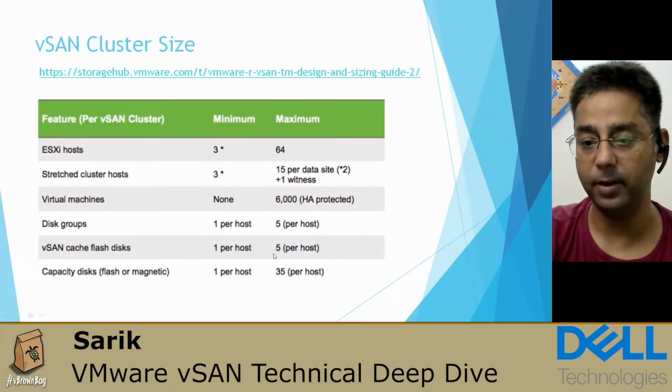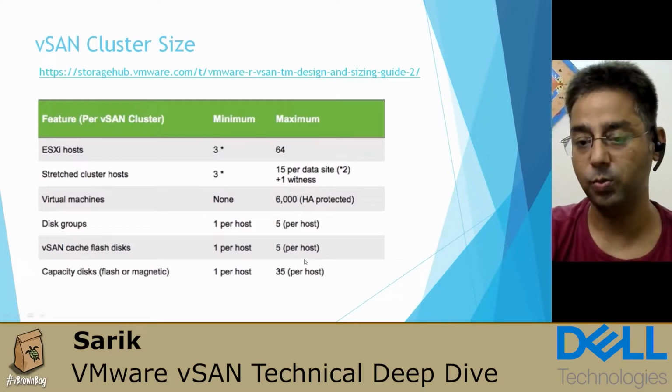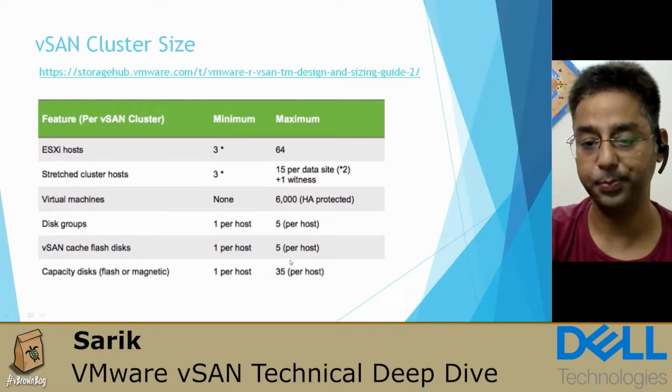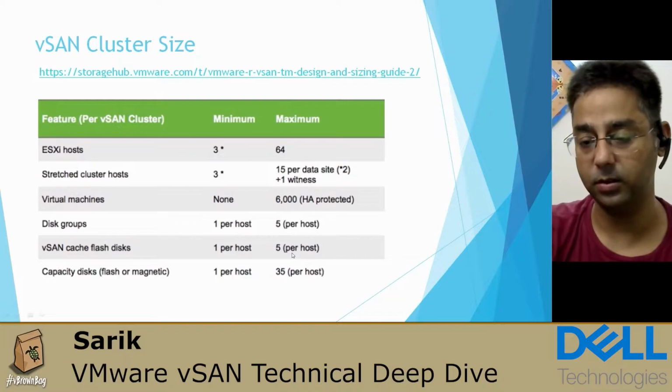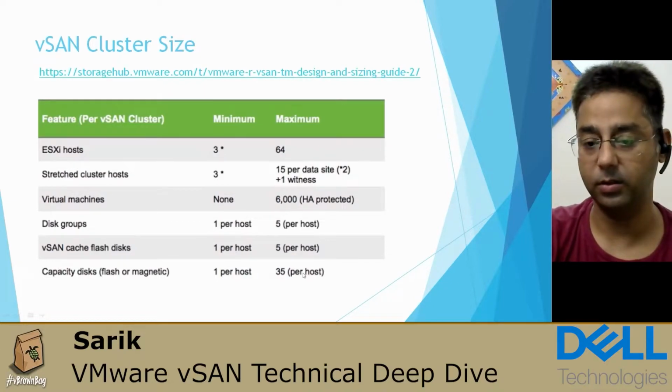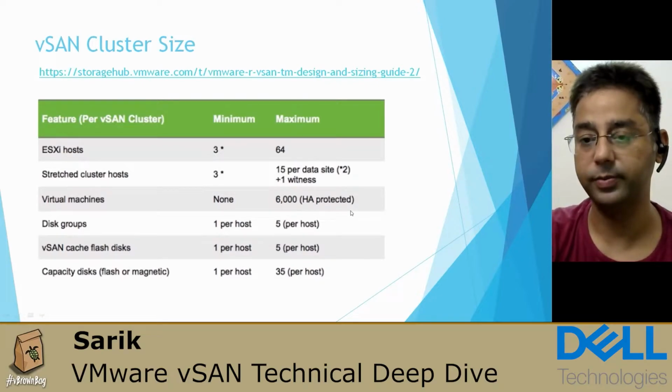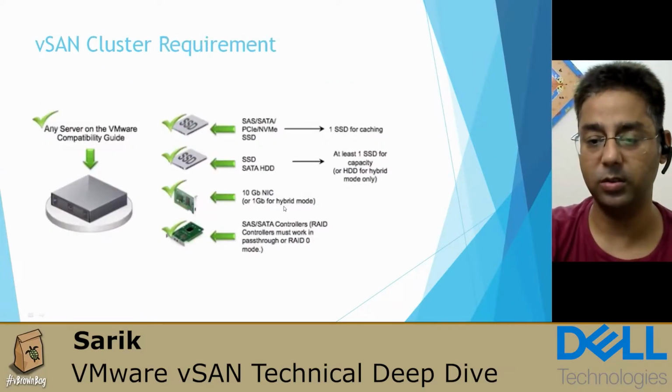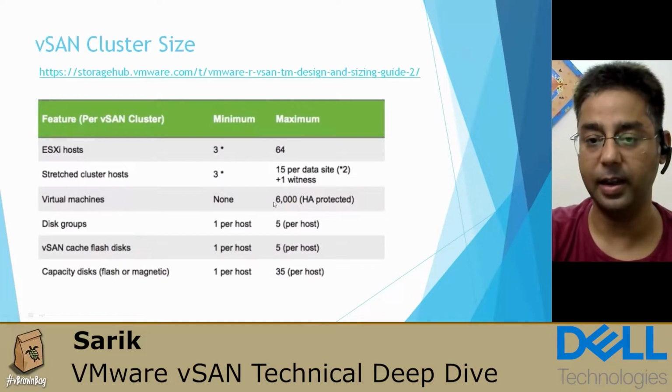So we can divide 35 by 5, and we should have 7 capacity disks per disk group. So 5 disk groups, 5 into 7, like that we should have. This is about the sizing and how we can calculate it.